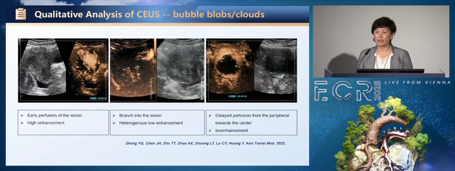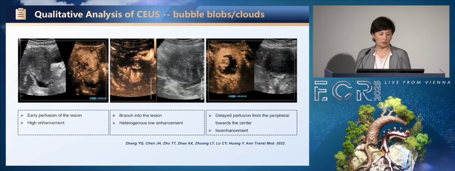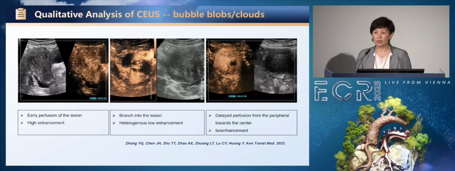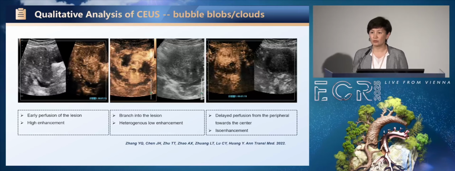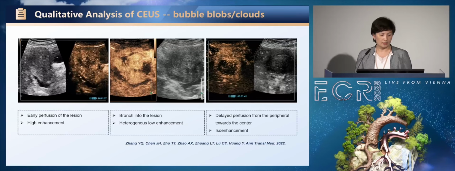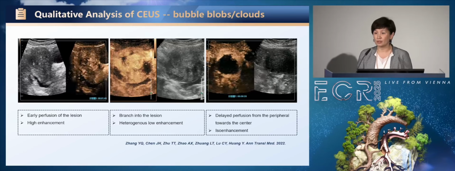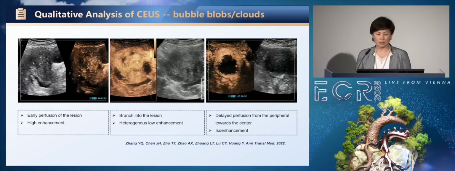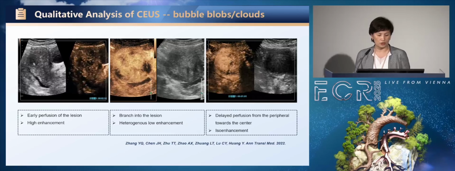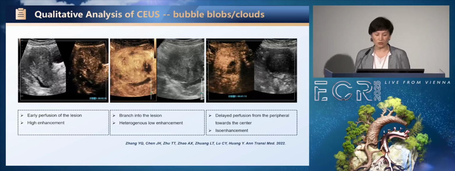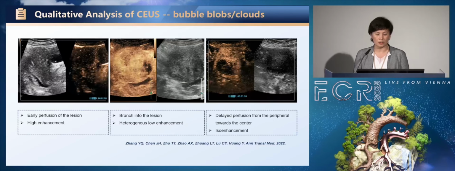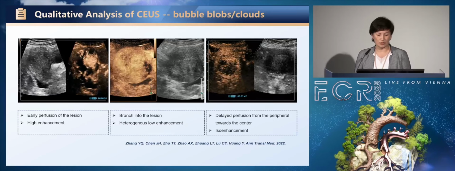First, let's look at the vessel displaying method. We use CEUS. We can use a bolus injection into the vessels to see if the lesion has different displays. There can be early perfusion of the lesion with high enhancement, or perfusion into the lesion with heterogeneous low enhancement, or delayed perfusion from the periphery towards the center, and at last there can be no enhancement.